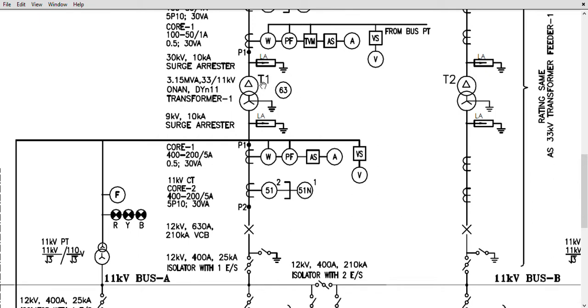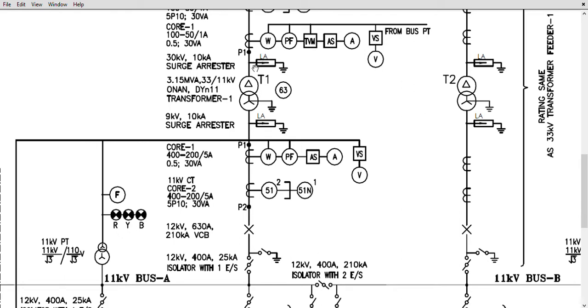The purpose of transformer is that it will transfer power from one circuit to another circuit, which means from the 33 kV circuit to the 11 kV circuit without changing the frequency, which means we can step down or we can step up.